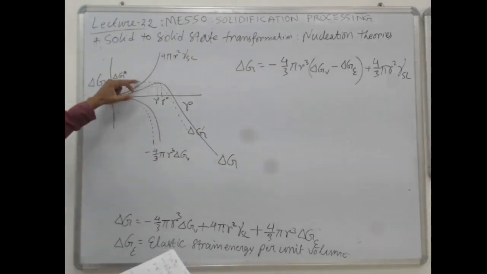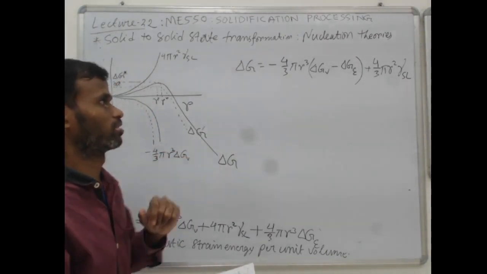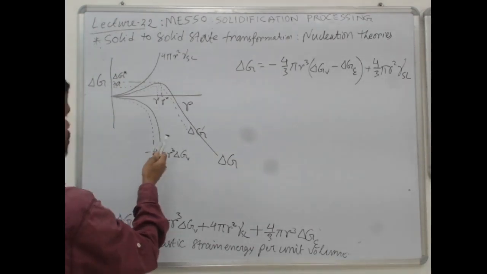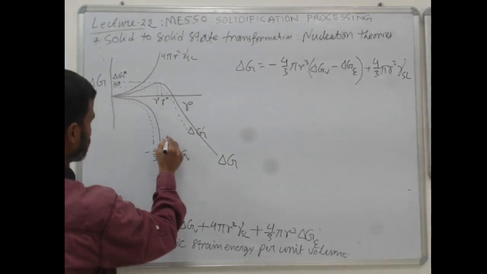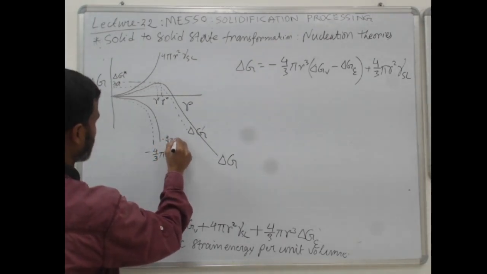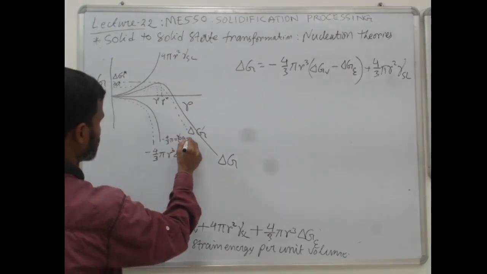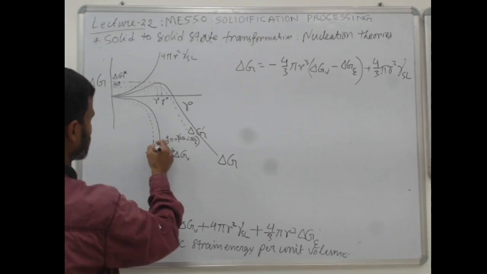We can consider it as another term, or we could consider it in the top part also, but for simplicity we have plotted both together. So this is the summation of minus 4 by 3 pi r cube (delta G V minus delta G E).